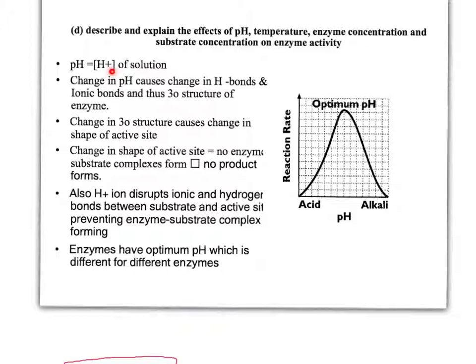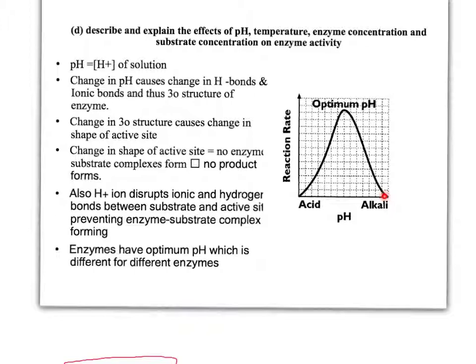What we tend to find is if we have a graph of pH against rate of reaction of an enzyme controlled reaction, we get this shaped curve, where there is an optimum pH at which that enzyme operates, and different enzymes have different optimum pHs. A reduction in pH from that optimum, or an increase in pH from that optimum, results in a reduction in the rate of reaction. So that's a description of the effect of pH on an enzyme-controlled reaction.